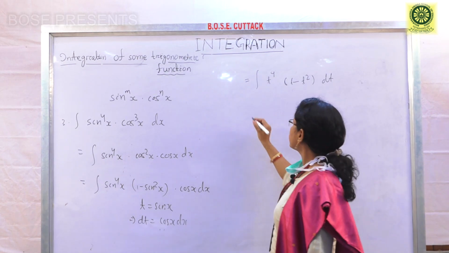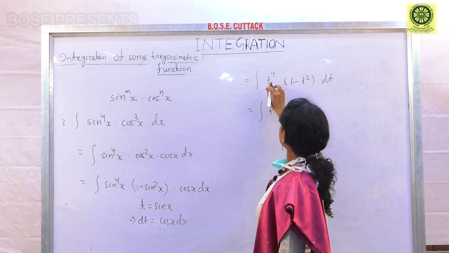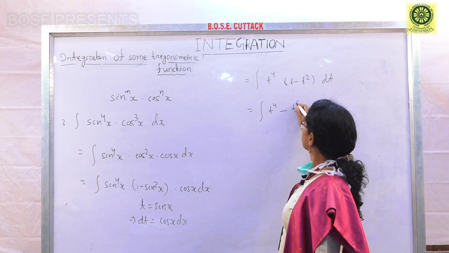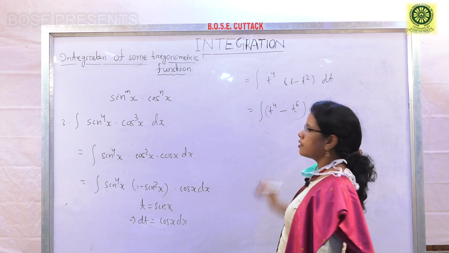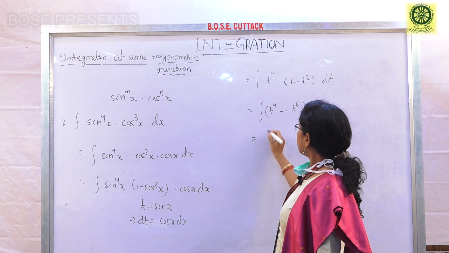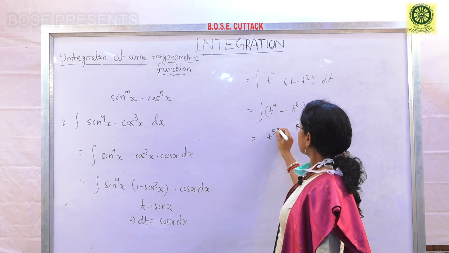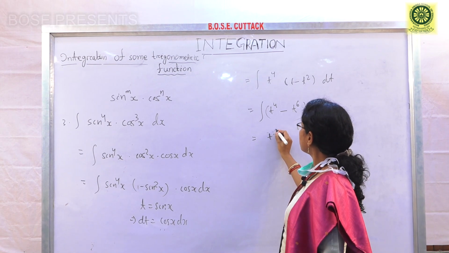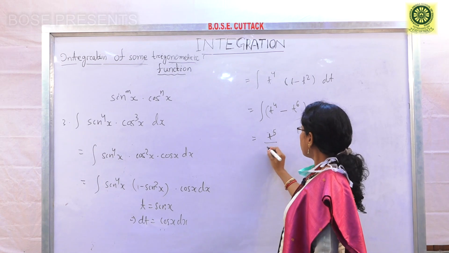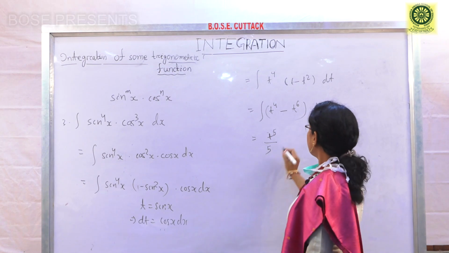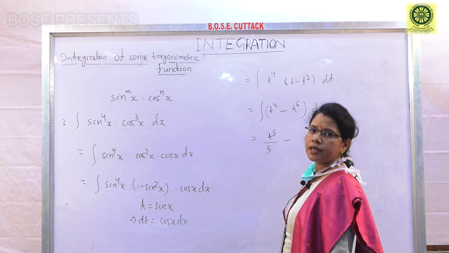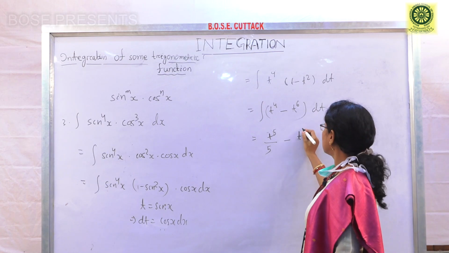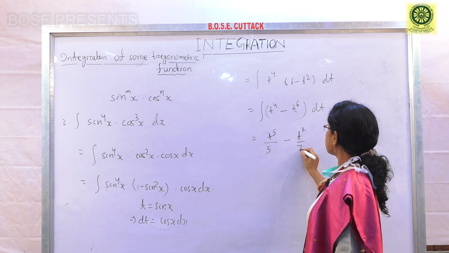This is also a simple integration. So just simplify the t to the power 4 by multiplying with this t square. T to the power 4 into t square is t to the power 6 dt. Now the integral of t to the power 4 is t to the power 5 by 5, minus, the integral of t to the power 6 is t to the power 6 plus 1 by 6 plus 1, that is t to the power 7 by 7, plus c.